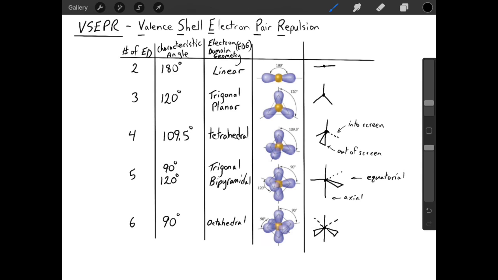And we can describe those situations using something known as a molecular geometry. So the general baseline shape starts with the number of electron domains and the electron domain geometry. But when we talk about molecular shapes normally, what we care about is the position and angles of the bonded atoms and not the lone pairs.